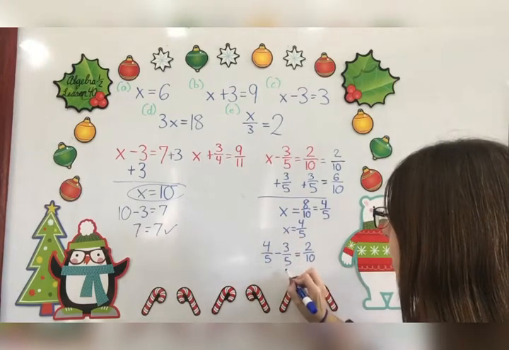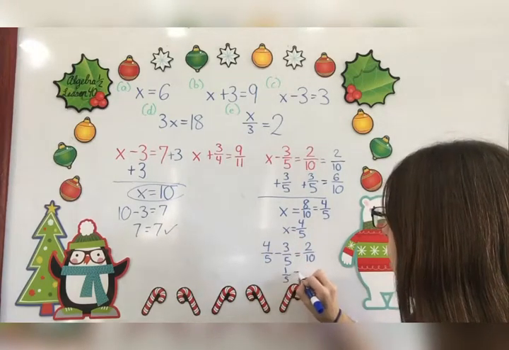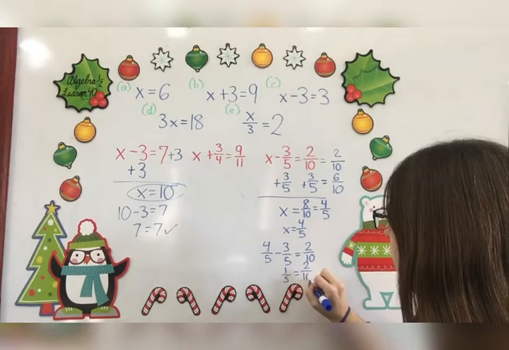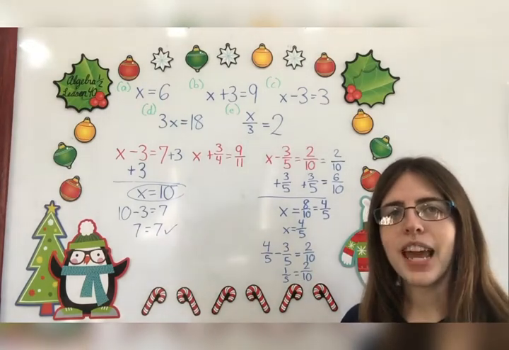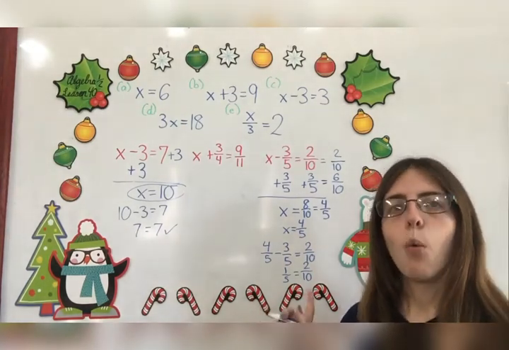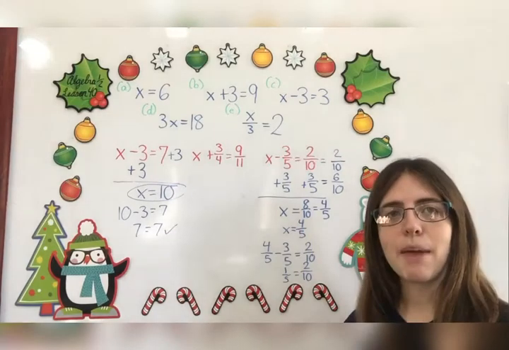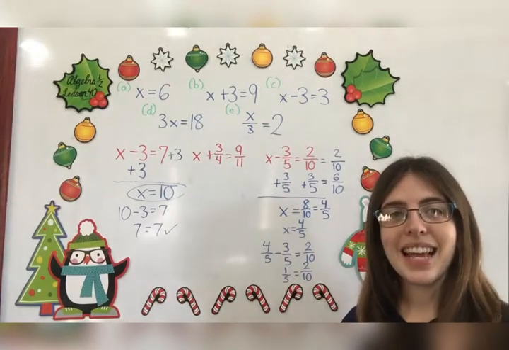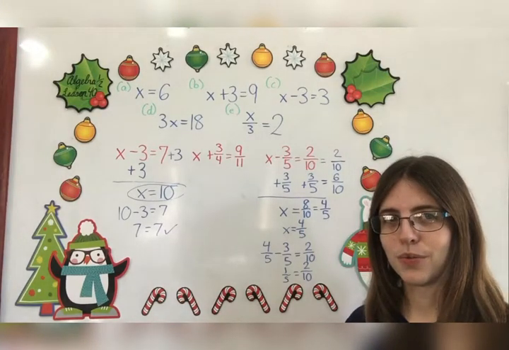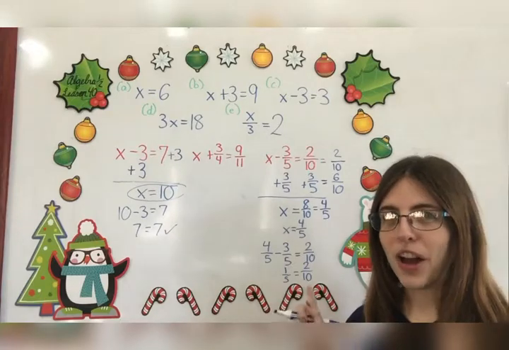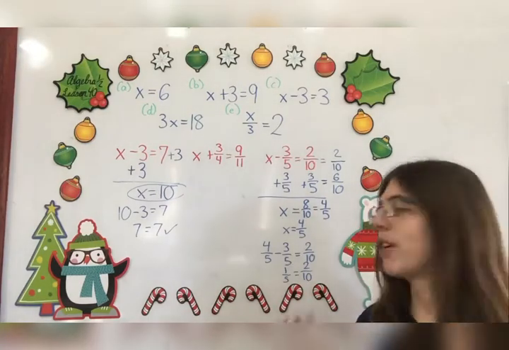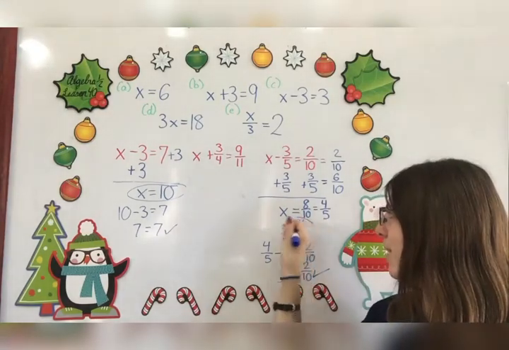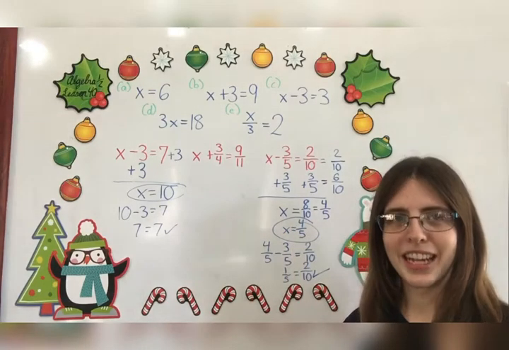Four-fifths minus 3/5 is 1/5. 1/5 equals 2/10. Now you might be saying, Miss Ashley, that's not the same. Well, think about it. 2/10, can that be reduced? Yes, it can. What does it reduce to? 1/5. So 1/5 equals 1/5. So it is the same. 4/5 is the correct answer.